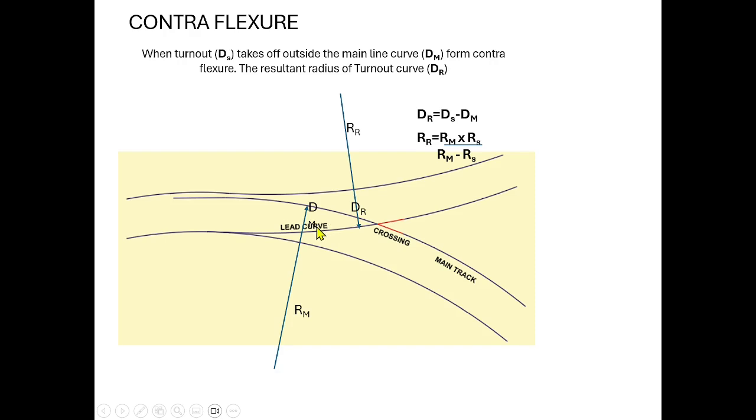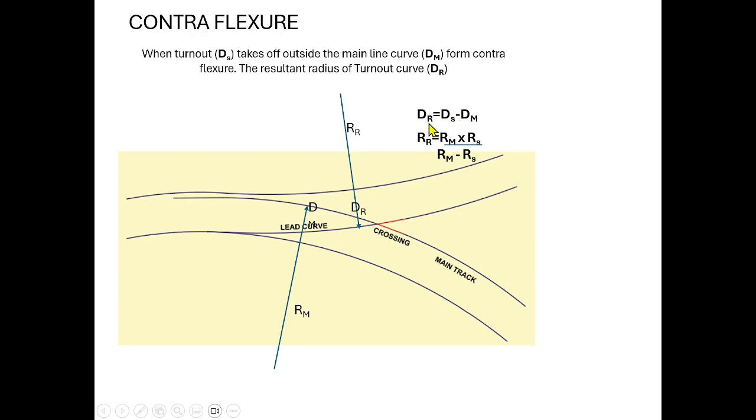That means what will happen here? The degree of main line is 2 degree. When the degree of the turnout is 4 degree, the resultant degree will be 4 minus 2 degree. Okay, that's why here Dr equal to Ds, straight turnout degree, minus degree of the main line.